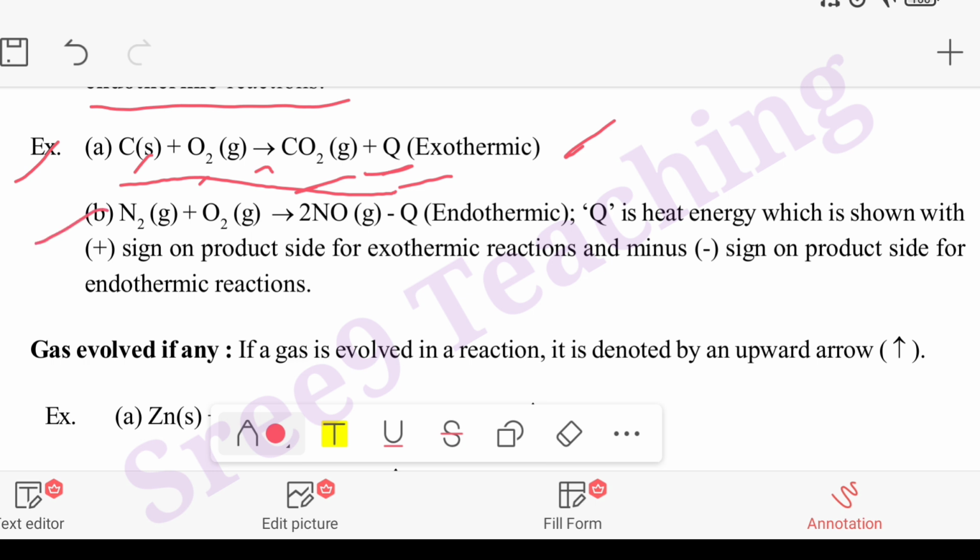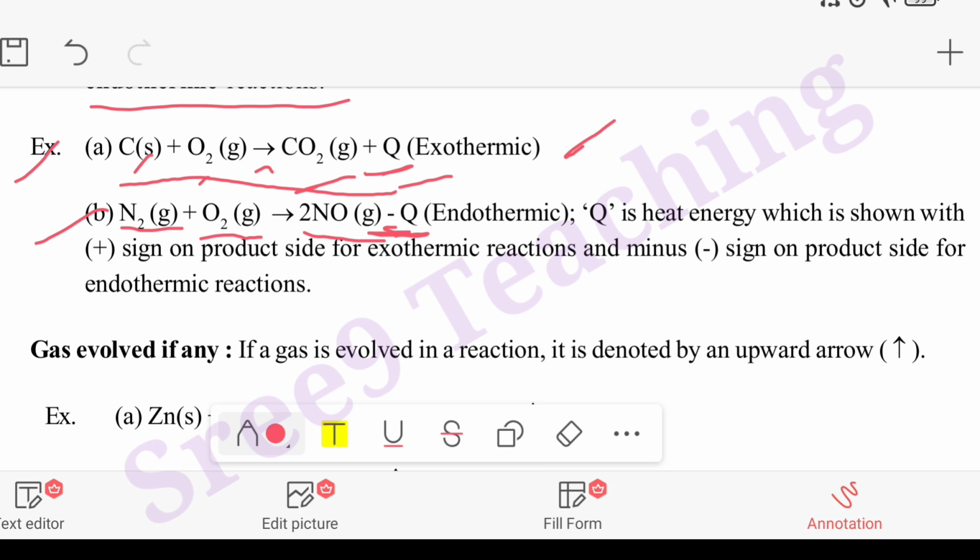Now let us see example B. Here N2 gas plus O2 gas gives rise to 2NO which is gas, and here just see minus Q. So whenever we write minus Q on the right hand side of the arrow mark, or on the product side, it is nothing but heat is absorbed. If you write plus Q, heat is liberated, and if you write minus Q, heat is absorbed.